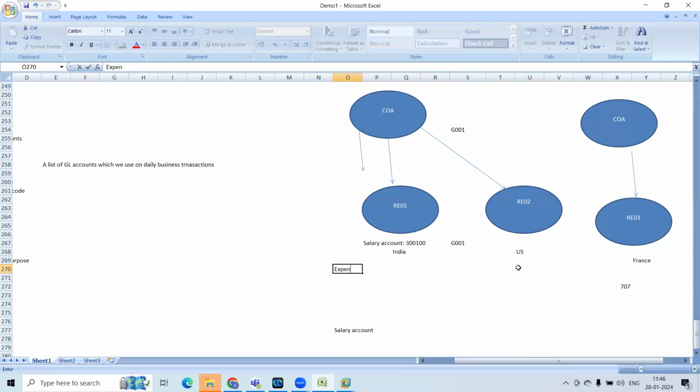So expenses are there: salaries, wages, sales promotion. In the US also you have them, but you have one more extra GL account: advertisement expenditure, stationery, cash discount.